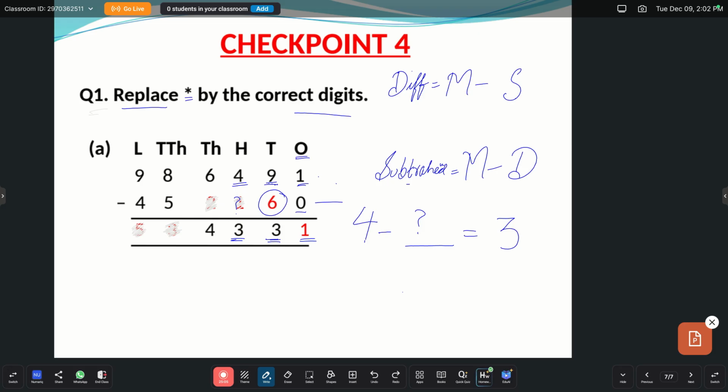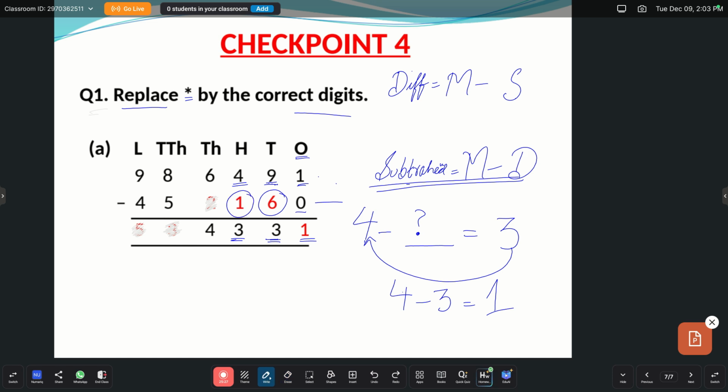For finding the subtrahend, you will subtract difference from this minuend. You will write 4 minus 3, it is equal to 1. It means that the digit here must be 1.